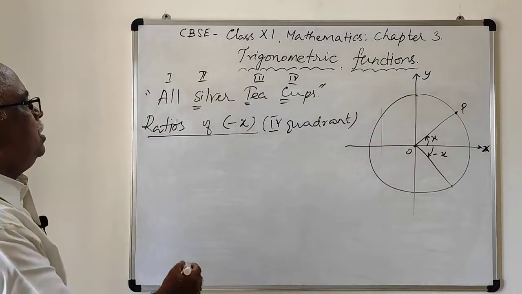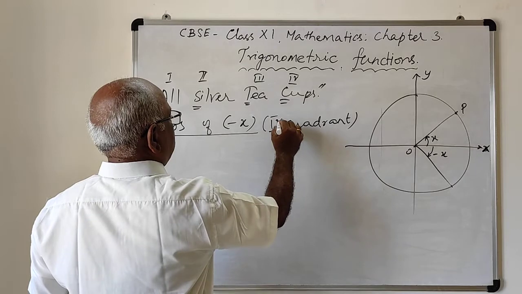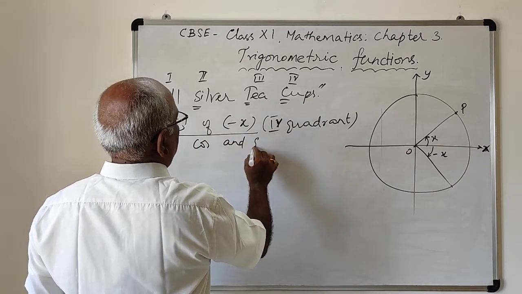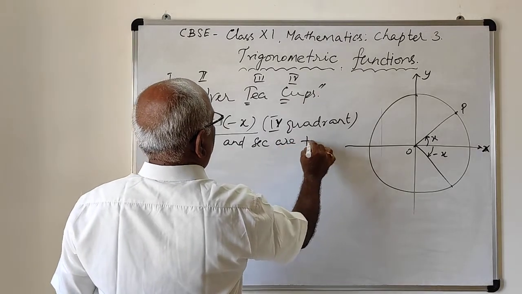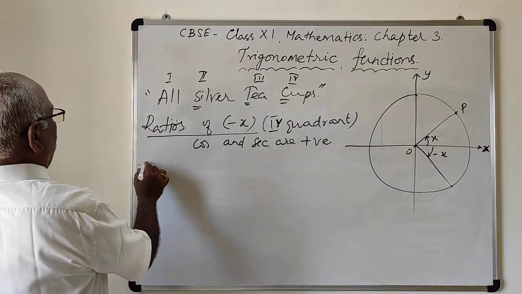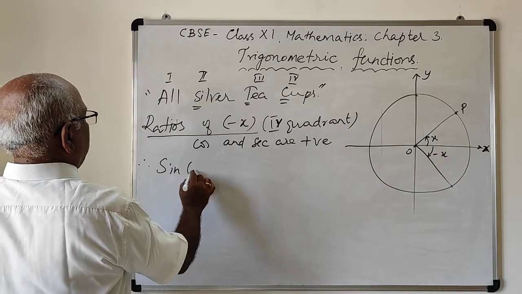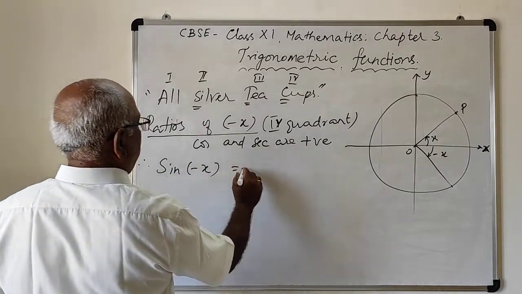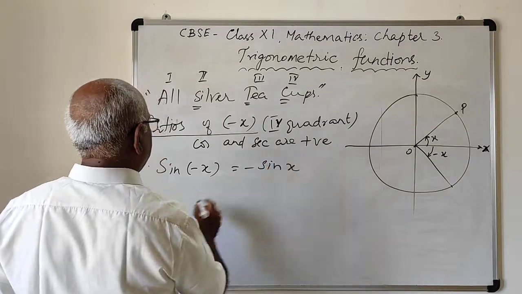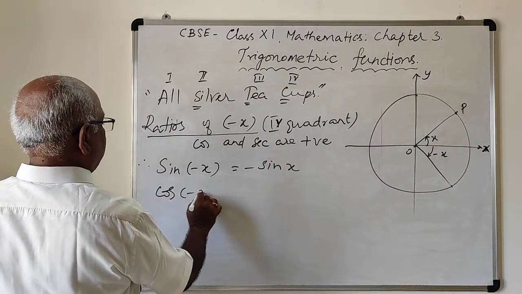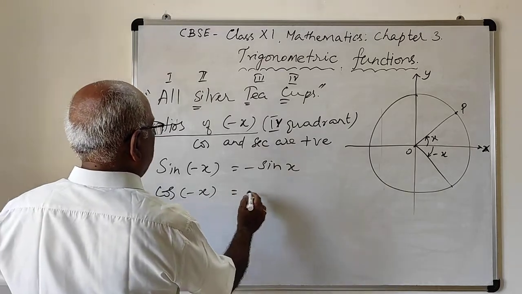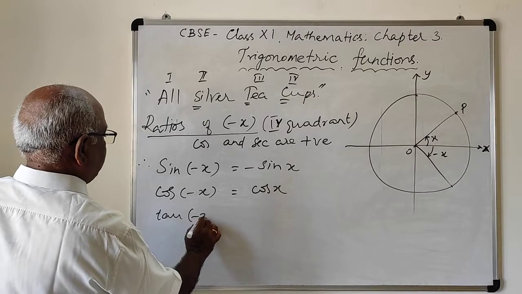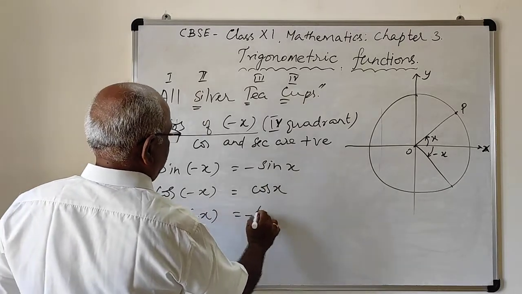In the fourth quadrant, cos and secant are positive. Therefore, sine of minus x, fourth quadrant, sine negative, therefore minus sin x. Cos of minus x, fourth quadrant, cos positive, therefore cos x. Tan of minus x, tan in the fourth quadrant is negative, therefore minus tan x.